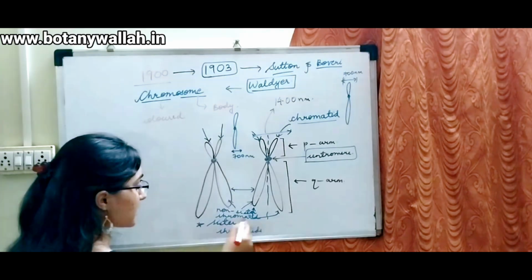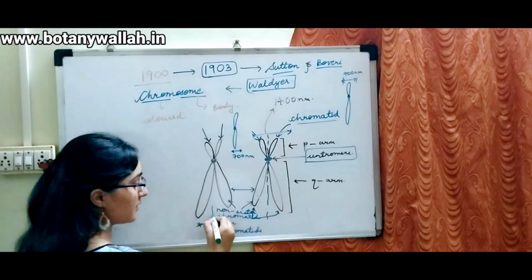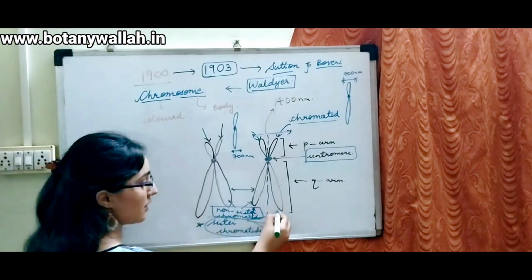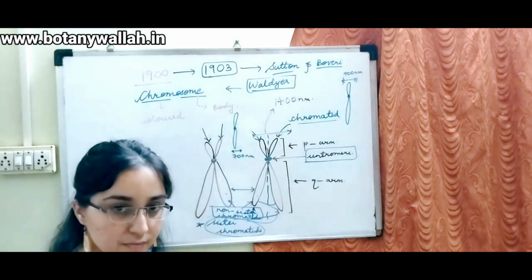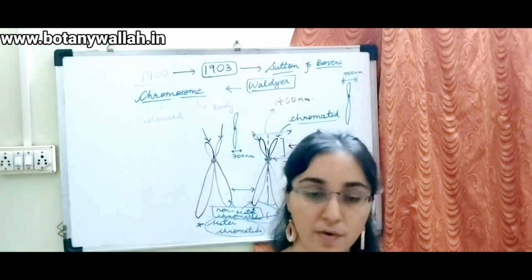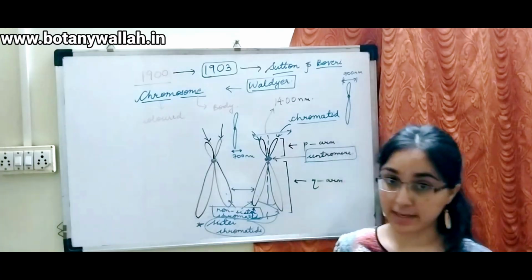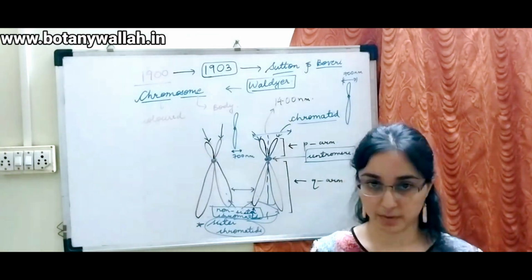So the two words are different. This is a different word with a different meaning, and this is something different. So sister chromatids is for these two, or you can say for these two. Understood what is a sister chromatid? So till now we spoke about what is DNA, what is a chromosome, what is a chromatid, what is a sister chromatid, what is a non-sister chromatid, and what is a centromere.